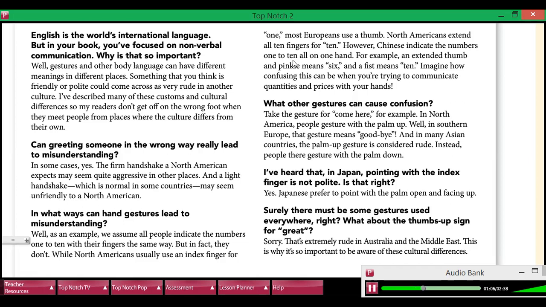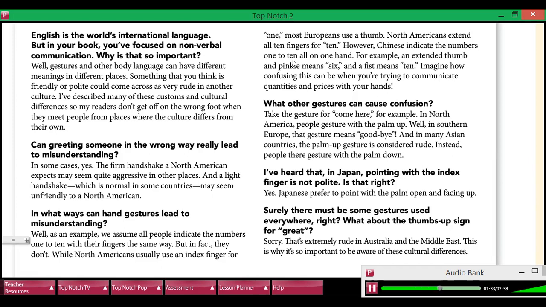Well, as an example, we assume all people indicate the numbers 1 to 10 with their fingers the same way. But in fact, they don't. While North Americans usually use an index finger for 1, most Europeans use a thumb. North Americans extend all 10 fingers for 10. However, Chinese indicate the numbers 1 to 10 all on one hand.